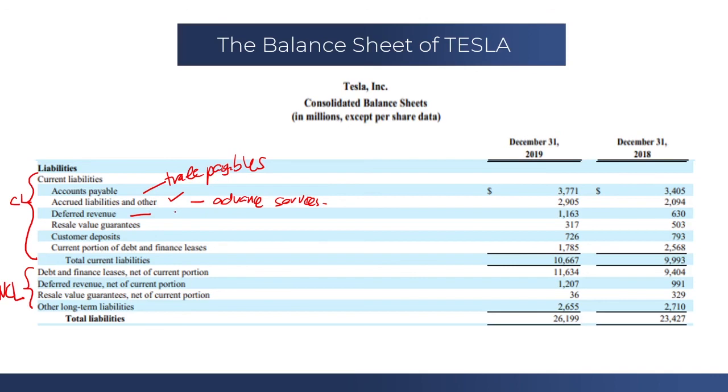Deferred revenue is when a customer pays the company in advance. So when the customer pays the company in advance, you have a liability because you have the obligation to deliver the service to the customer. So it becomes a liability.